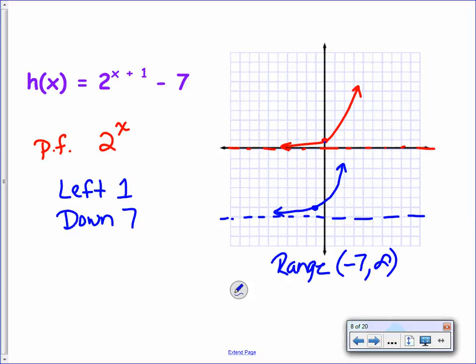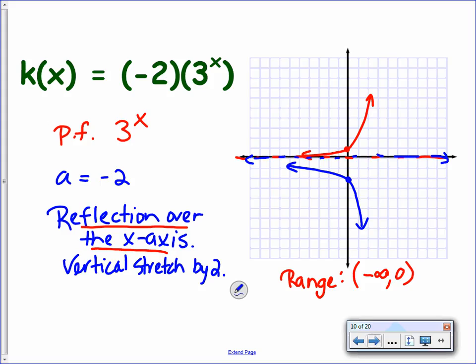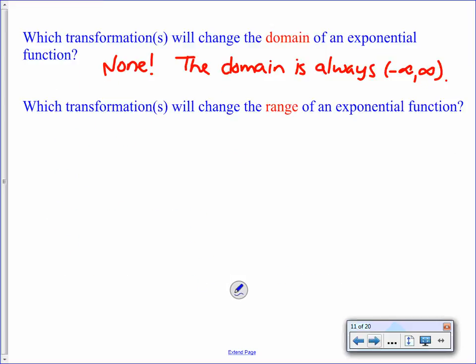So the only transformations that affect the range of an exponential function are the vertical transformations. Okay?